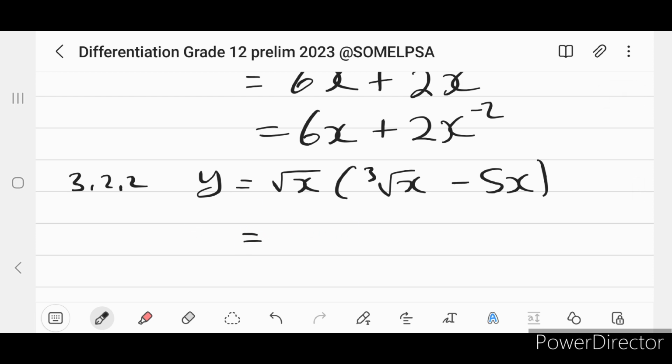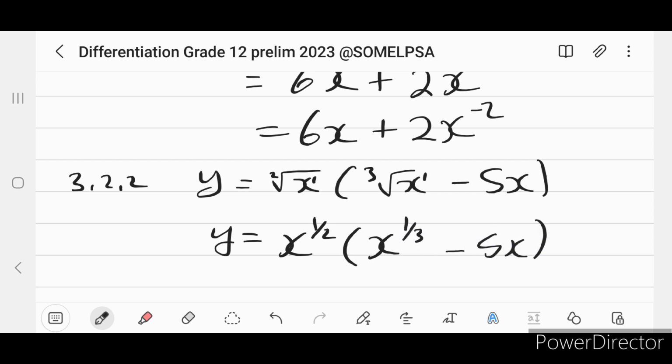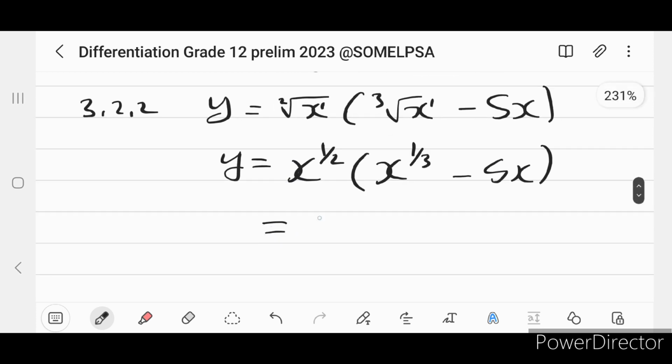So they want dy/dx, so this is still y. So x to the power of 1 over 2. Remember I gave an example with that in one of the previous videos. And therefore this is x to the power of 1 over 3 minus 5x.